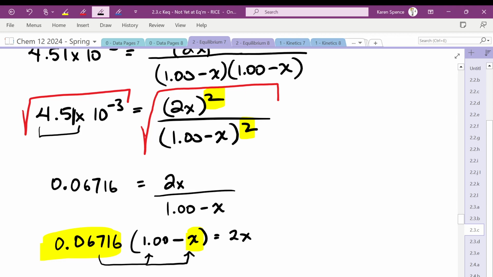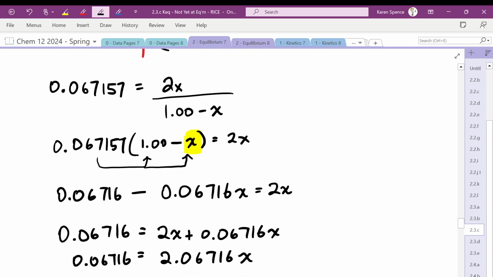So I think I did this because I thought it was 4.5, so I kept 2 extra. But if it's 4.51 e negative 3 square root, I should actually have 0.067157. Let's see if this makes any difference.